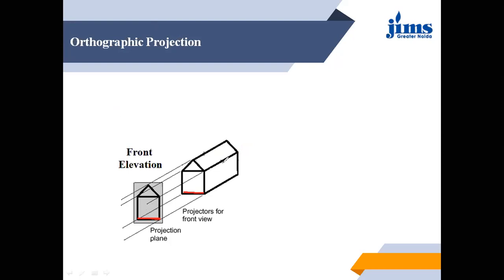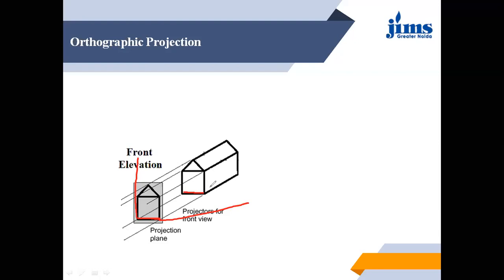As I told you, we can see only two dimensions, that is either x and y. So here we are seeing the x coordinate and y coordinate.